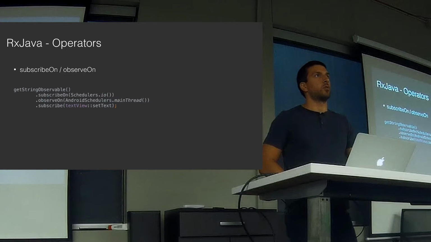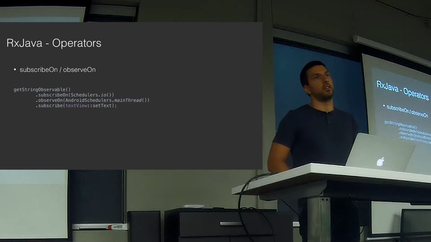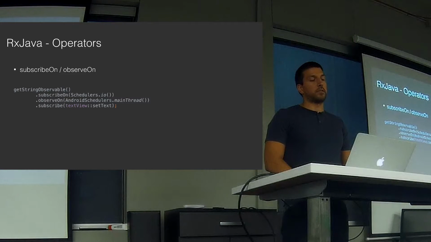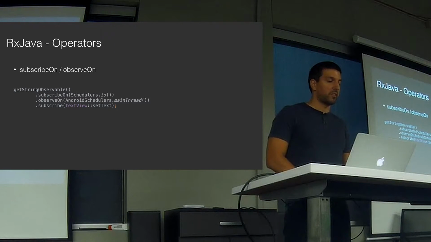So if you were exposing an observable from a database, let's say, and you want to force everybody to subscribe to that observable on a database thread from a scheduler that you have for the database, if you call subscribe on there, and somebody that wanted to use it said, I want to subscribe on the main thread for whatever reason, that wouldn't work.